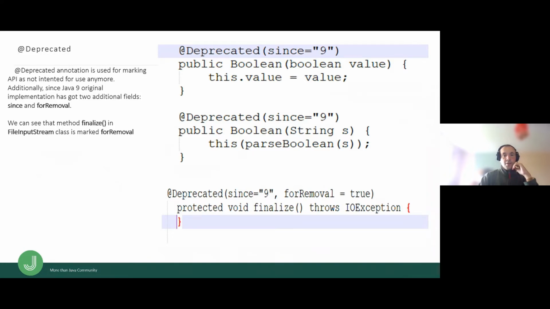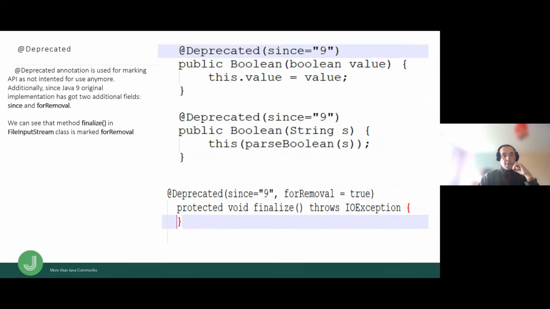For example, in Java 17, some constructors are marked as deprecated, and the same for FileInputStream. So the method finalize is marked as deprecated.